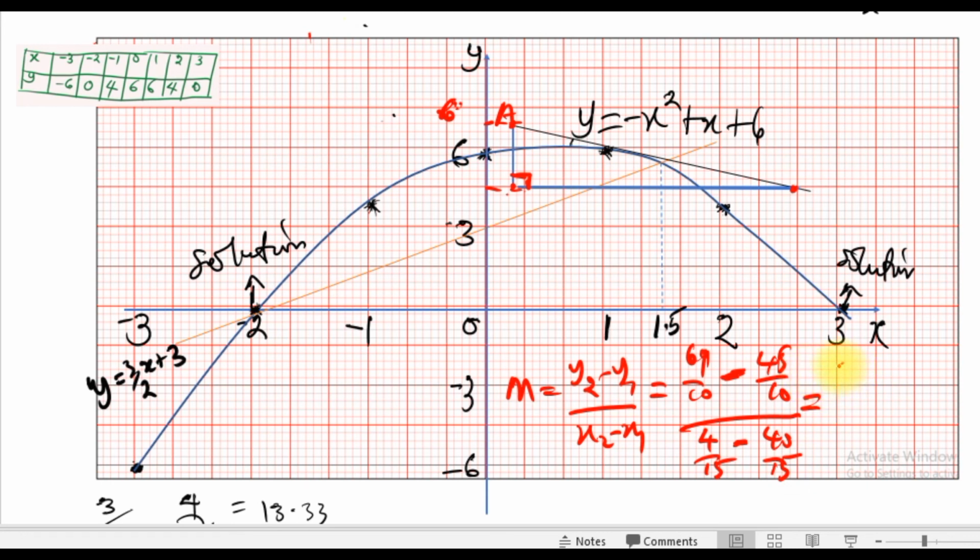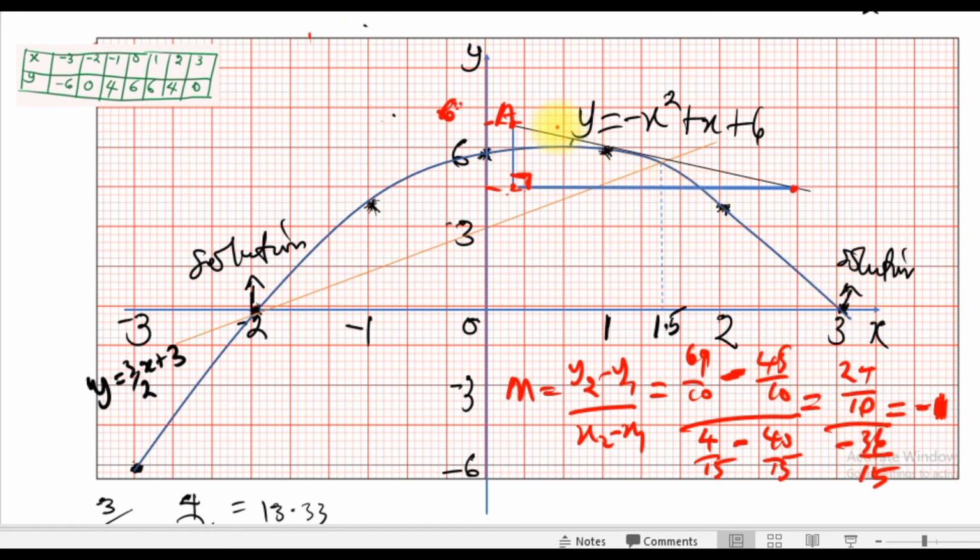So we have 24 over 10 over minus 36 over 15 the denominators cancelling, so as you can see, this is minus 1. So the slope is minus 1. Yes, it's minus 1.